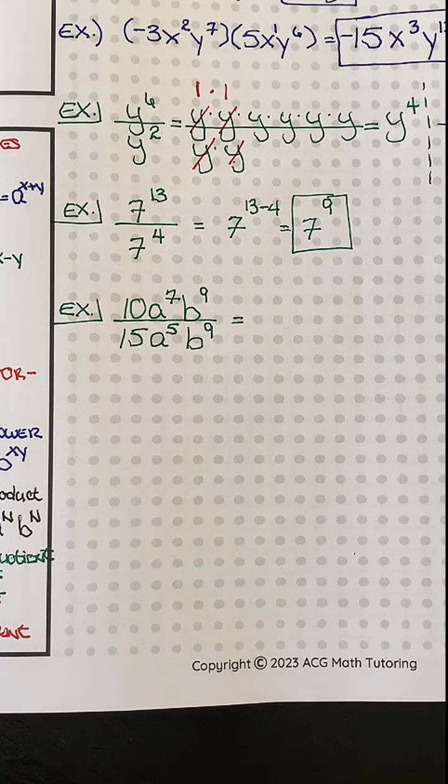Okay. So Mimi is saying 5a squared b, right? So we got 2/3 a squared b, 2/3 a squared b to the 0 power. Now what is 0 power though?